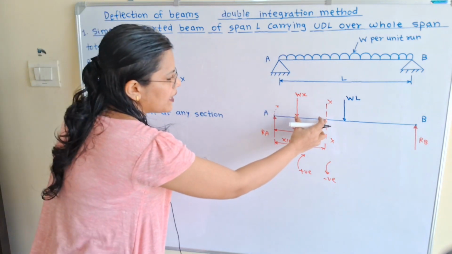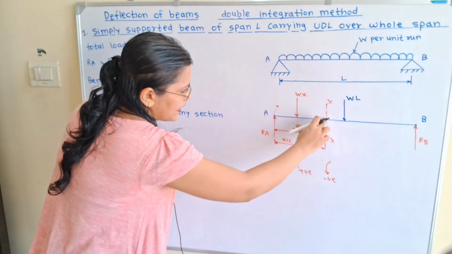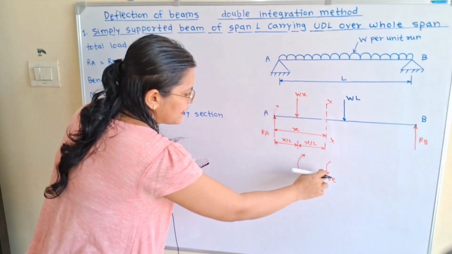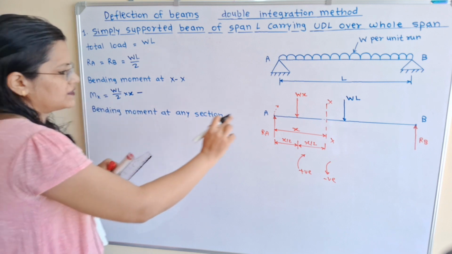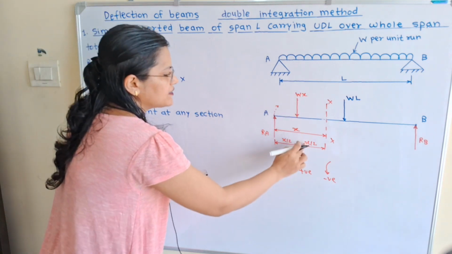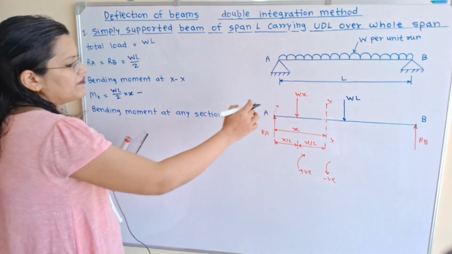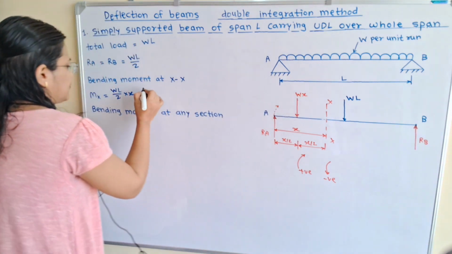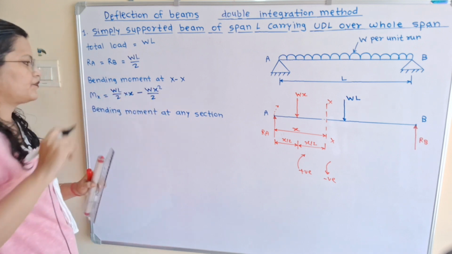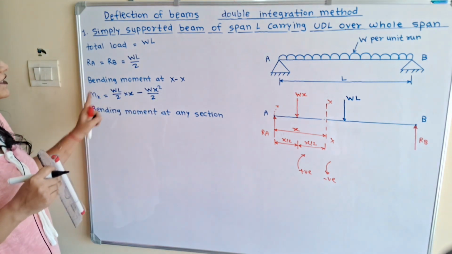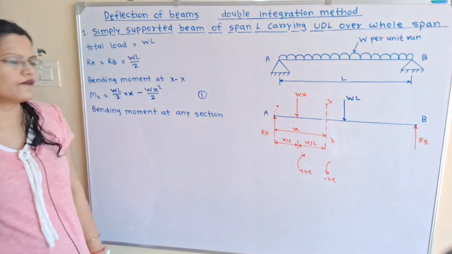If I move the compass about XX in the direction of WX, it is anti-clockwise, so we use negative sign: minus WX into the distance x by 2. Simplifying, WX square by 2. So this is the equation for the bending moment at section XX. I will write here equation number 1.